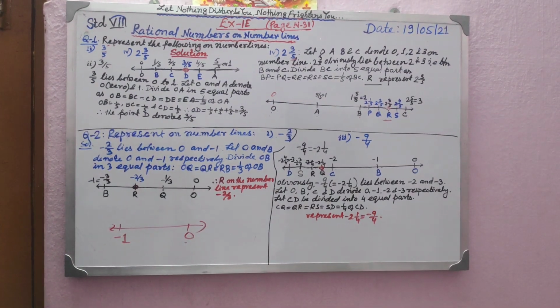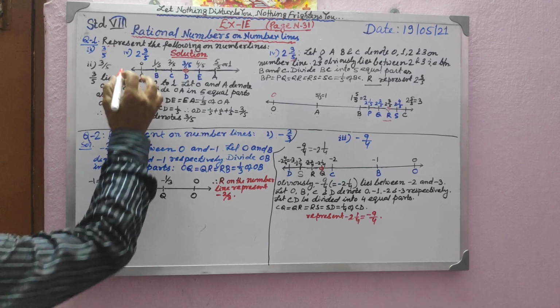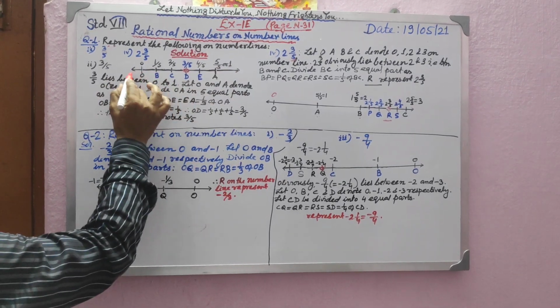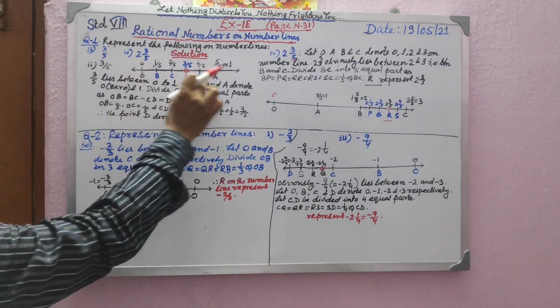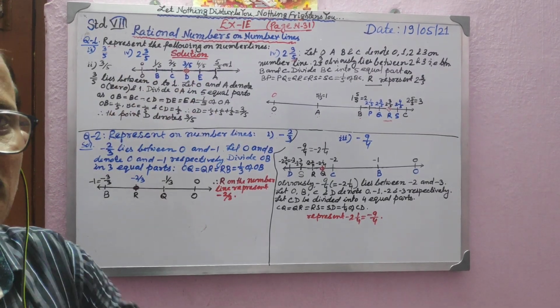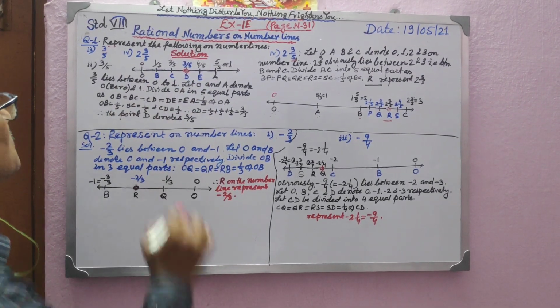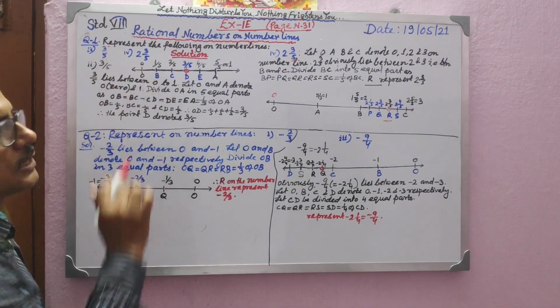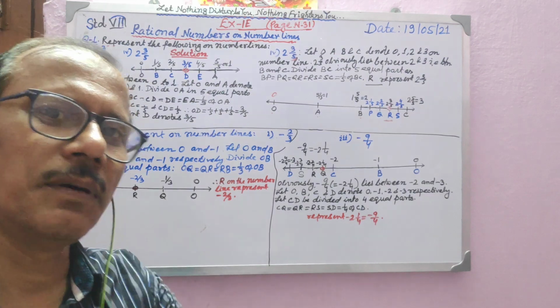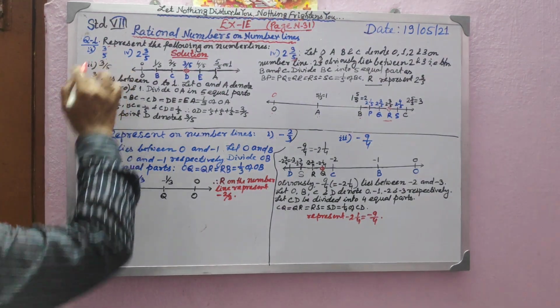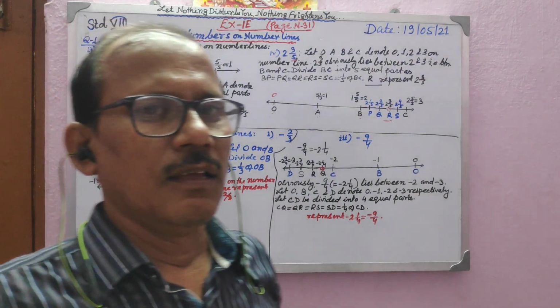See, for 3 by 5, you have to draw a number line with the help of a scale, and then keep some distance from 0 to 1. Usually keep the distance as a multiple of the denominator. Suppose 5 is the denominator, then keep the distance 5 centimeter, 10 centimeter, or 15 centimeter.